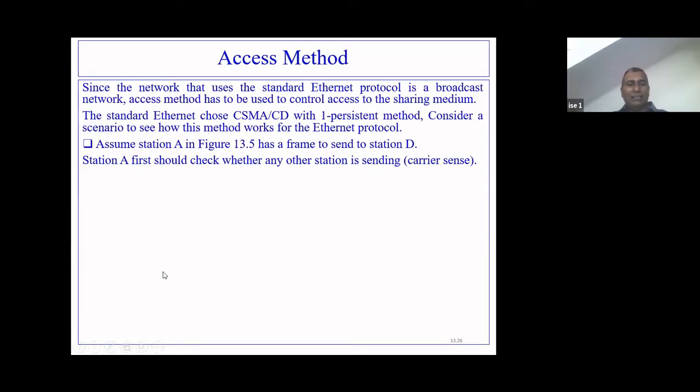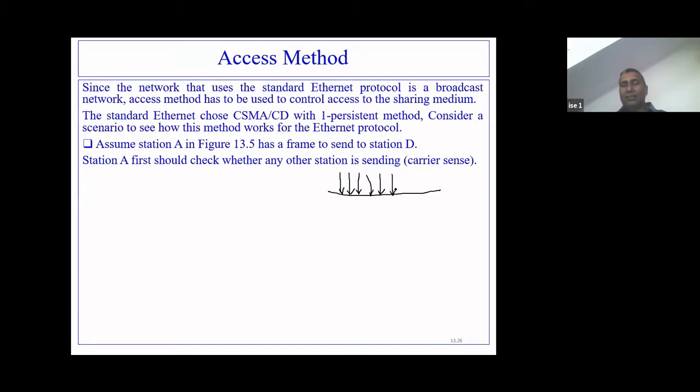I recently taught you the CSMA/CD method in module 4. In that, in the one persistent method, the sending host keeps on sensing the medium. So this is the medium. It keeps on sensing the medium at regular intervals of time.